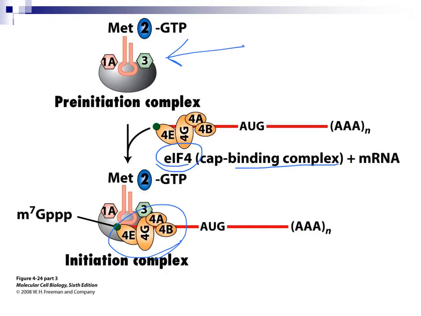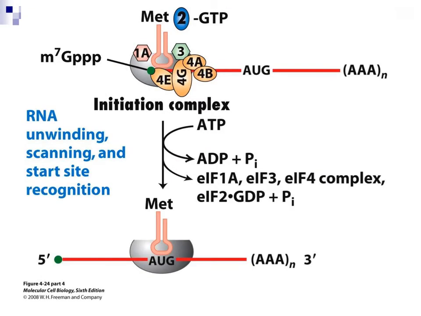You don't want to have the 3' end of the messenger RNA bind to the ribosome. So that eukaryotic initiation factor 4 is going to help the ribosome complex, which is the small subunit, find the correct end of the messenger RNA, which is the 5' end.